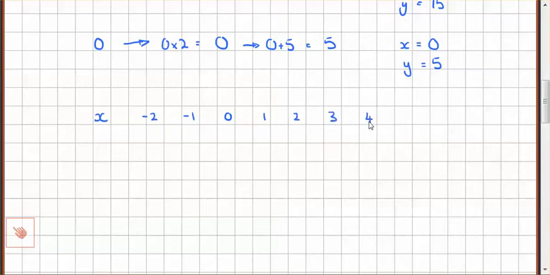I can go as far as I like. I can pick other numbers, but I picked a nice set of what are called consecutive numbers for x. There's no reason why I picked those other than I want to check your ability with negative numbers. So don't worry about the x values that we choose. But then we have to figure out the y values. And what we would do then is have a table of values created.